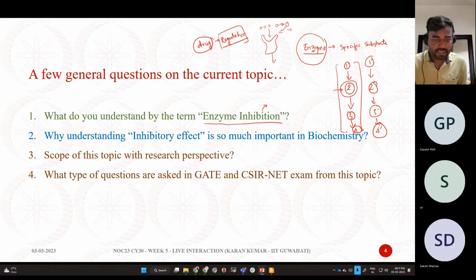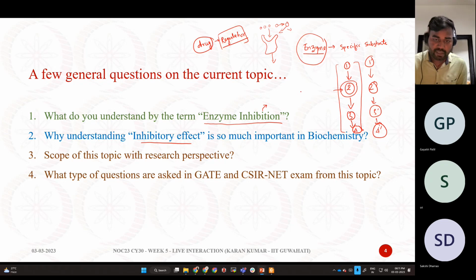Why is understanding the inhibitory effect so important? Because once you understand the inhibition mechanism, the inhibitory effect in a particular enzyme or metabolic pathway or in a cell or any reaction system, it will be so helpful for you to regulate that particular reaction.